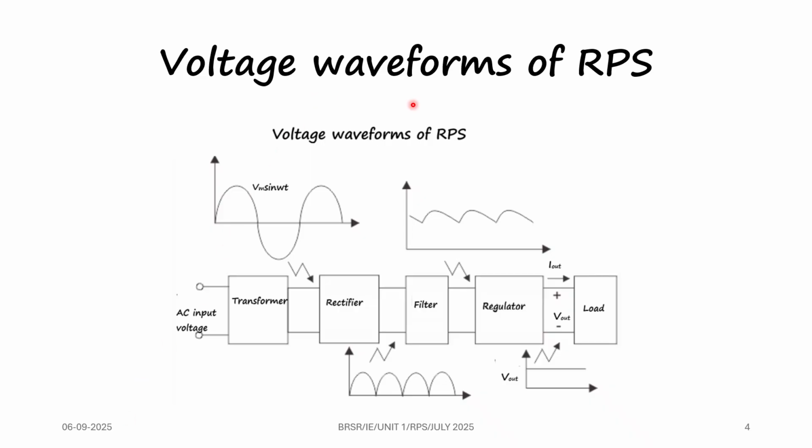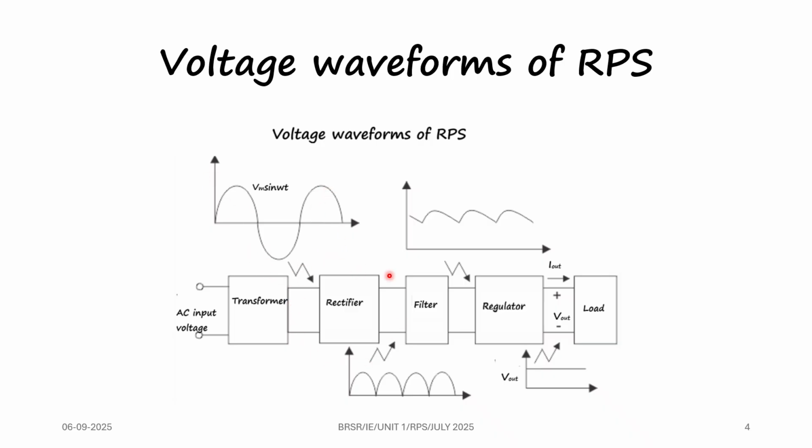The voltage waveforms available at various points of the RPS are shown in this picture. The AC input voltage is a sinusoidal waveform as shown here, and the step down transformer steps down the AC input voltage to a required AC voltage, which is also sinusoidal in nature.